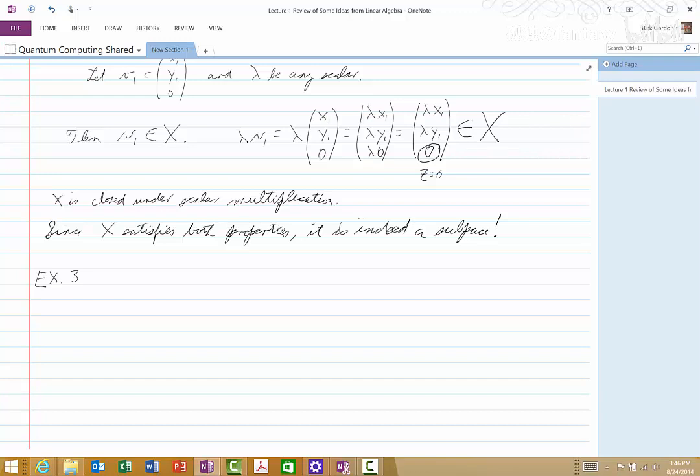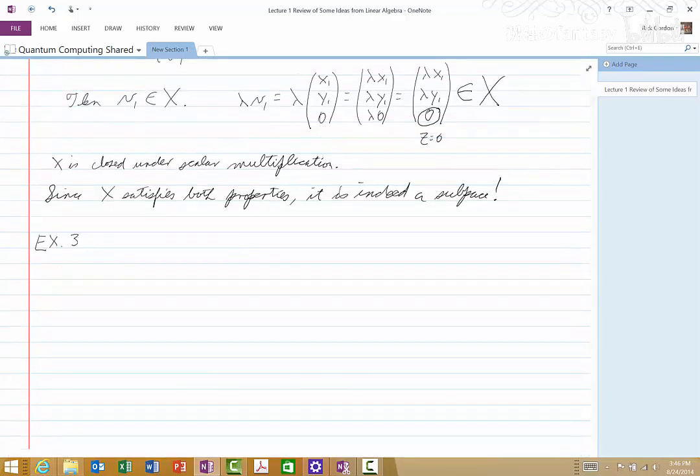So I'd like to give you another example now. Let's suppose in this case V is equal to R2, and so these are vectors that just have two real components, and I'm going to let X equal the set of all vectors in V, and I'm going to call the first component x and the second component y, just as we have been throughout this lecture.